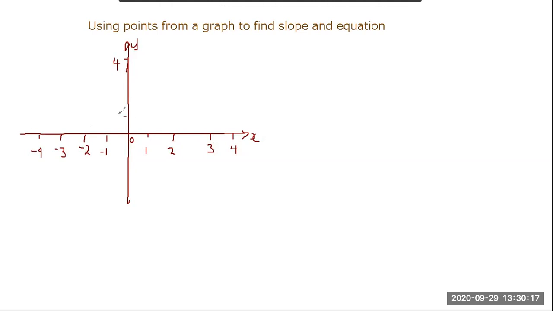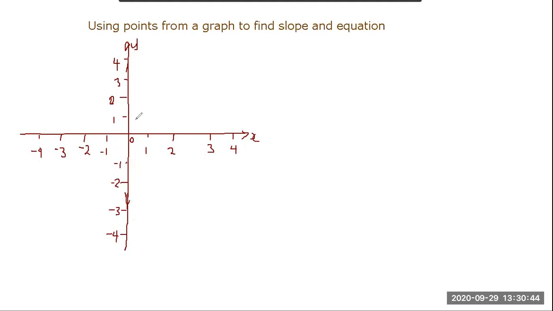So it's 1, 2, 3. All right, so it means that for this line as well, we have -1, -2, -3, and -4. All right, again, I'm just sketching my graph.